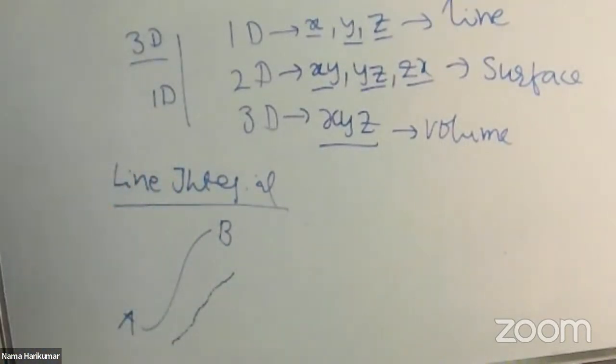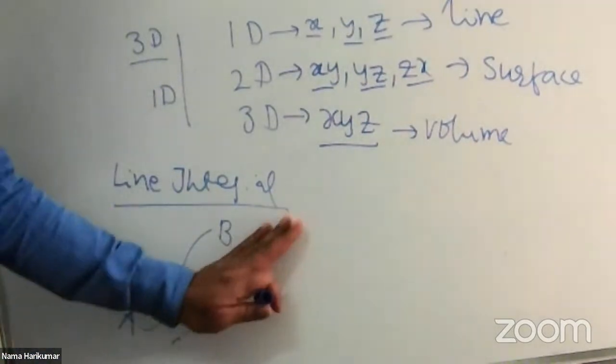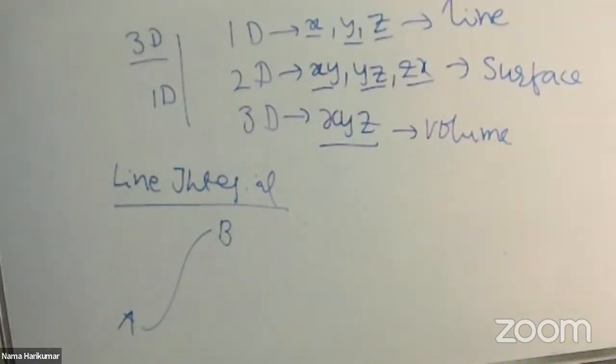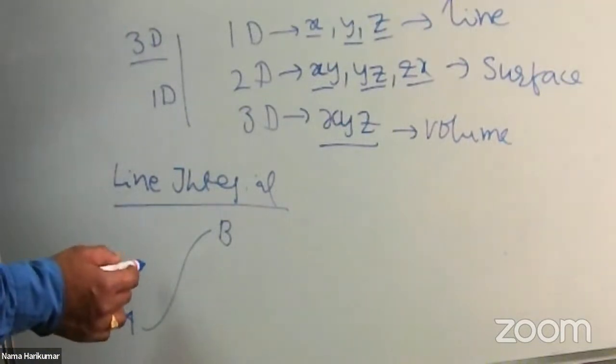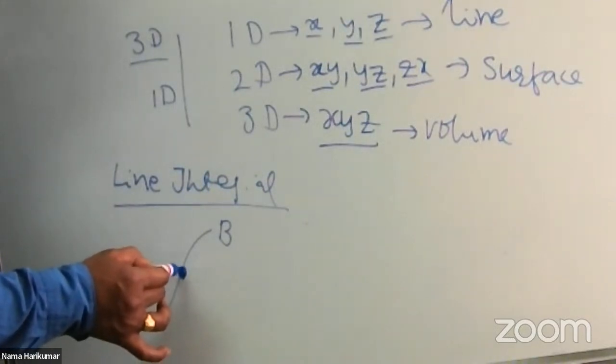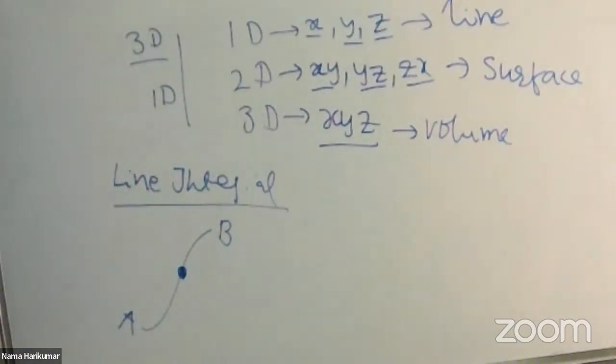That curve is AB. Next, on this curve we have to assume any one point.